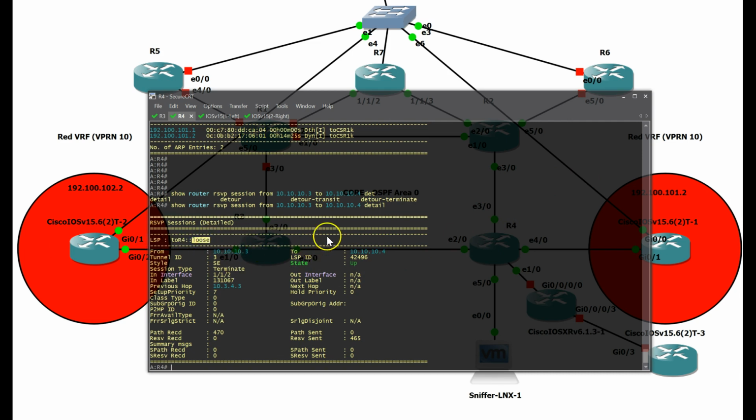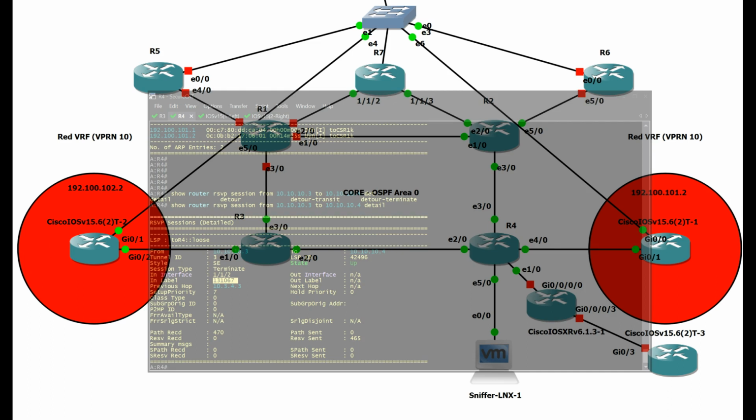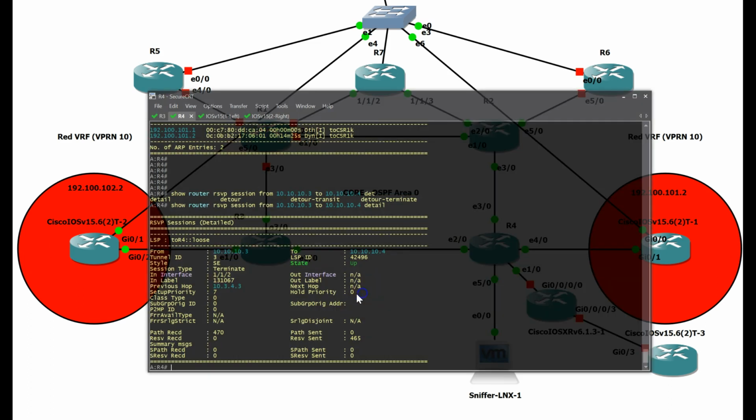I just labeled this loose, just taking the IGP route. It's just one hop away, so there's nothing much there to do. But this is what matters in this scenario. We're going to use the ingress label as our filter for the debug to drop into our Wireshark capture. So 131067, let's put this on my notepad on the side here.